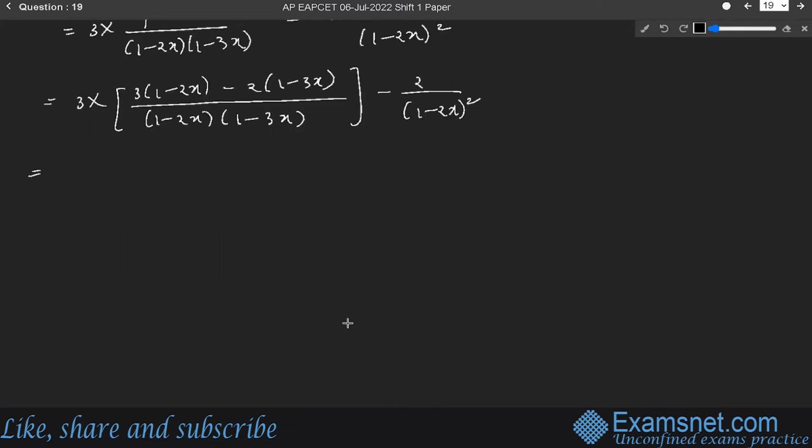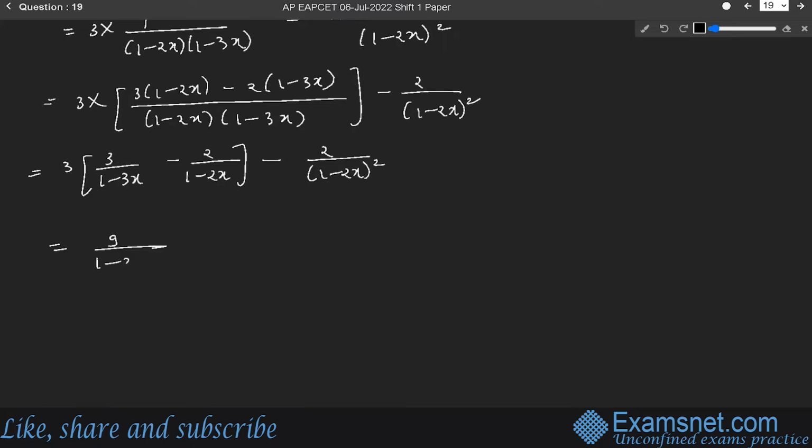So it will be equal to 3 into 3 upon 1 minus 3x minus 2 upon 1 minus 2x minus 2 upon 1 minus 2x whole square, which will be equal to 9 upon 1 minus 3x minus 6 upon 1 minus 2x minus 2 upon 1 minus 2x whole square.